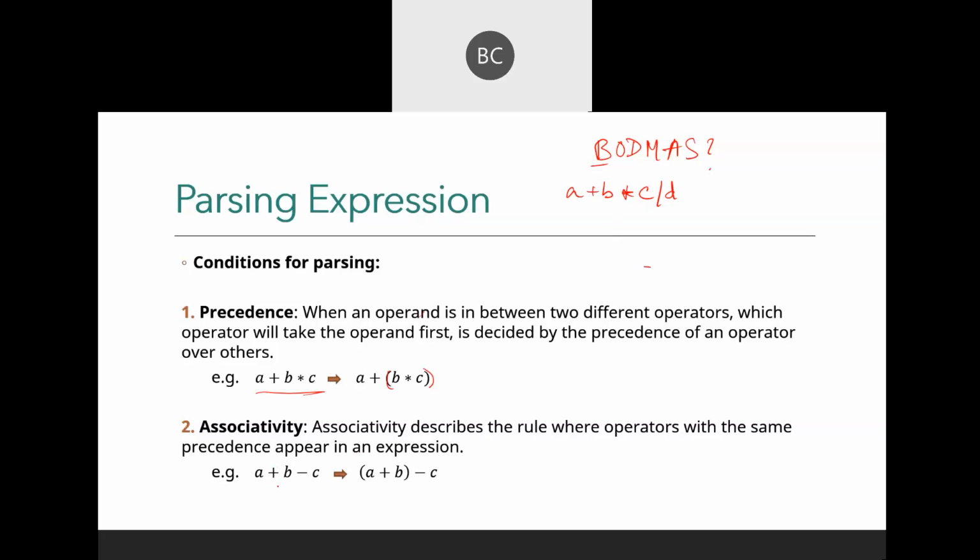So both plus and minus have similar precedence. In this case, it will follow the associativity rule. You will come from the left side, then go to the right side expression. Initially it might be a bit confusing. The more you practice, the clearer it will be.